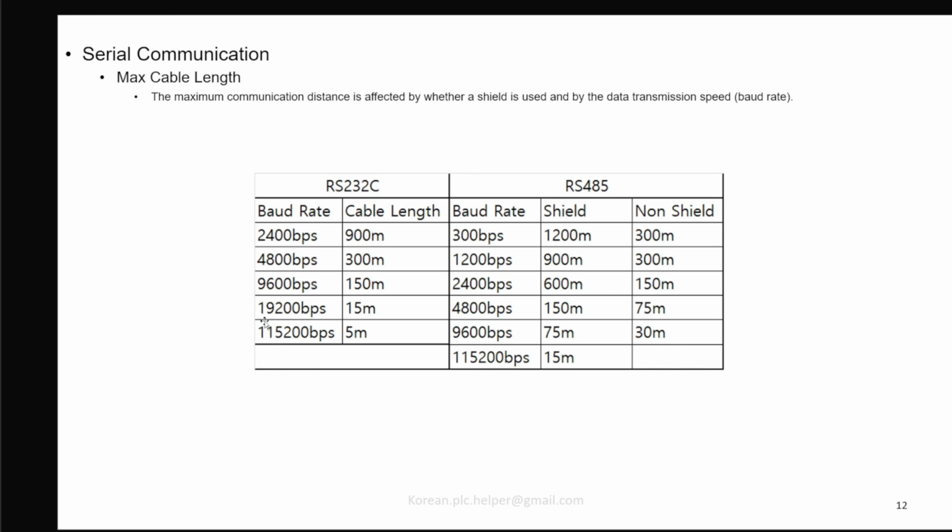Shielding is especially important near high noise devices such as inverters, servo drivers, and motor cables. In addition, as the communication speed, the baud rate, increases, the effects of signal attenuation and waveform distortion become more significant.